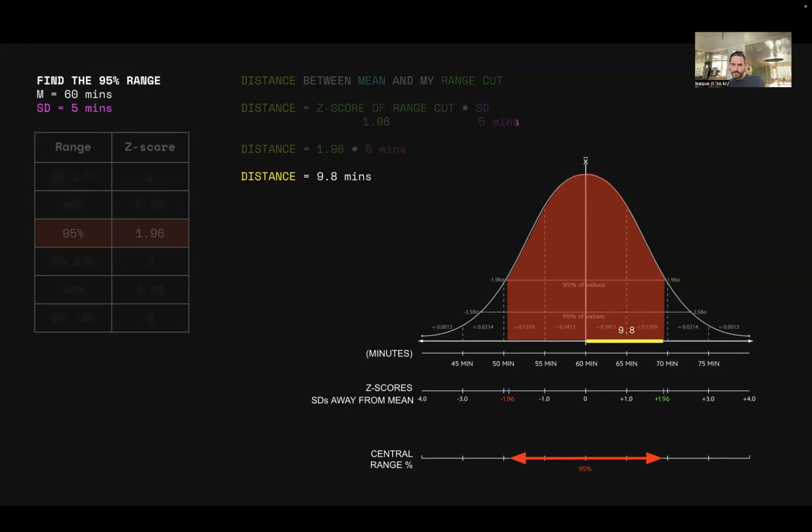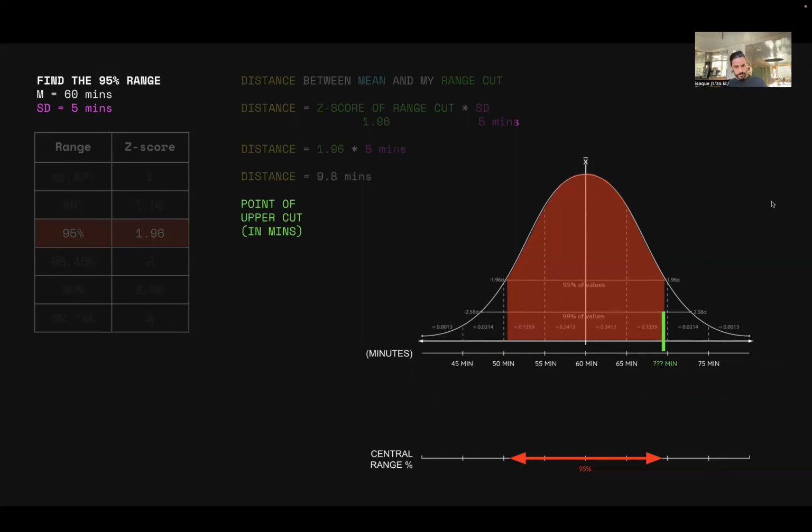Now, 9.8 is the precise distance between the average and the top range cut. But it's also the distance between the average and the lower bar. We're going to talk about that in a second. Now, my question is, what is the point of upper cut? Because it's different than the range cut, right? The range cut is the cut for the range percentage that you're choosing.